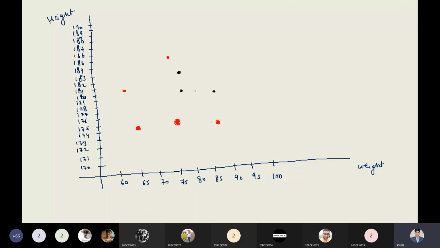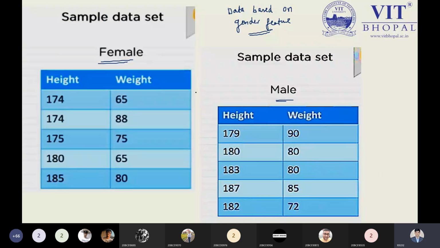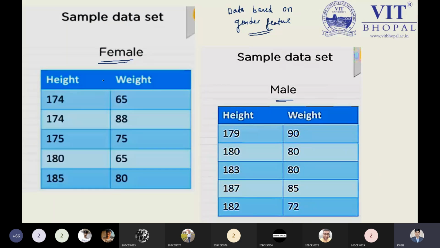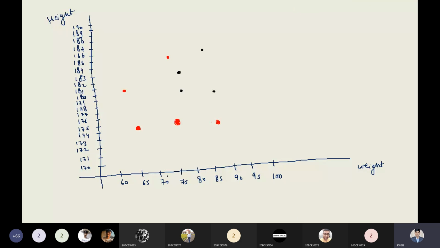And if we have 85 and 187, so it could be around like this one. Next we have 72 and 182, something like this one.